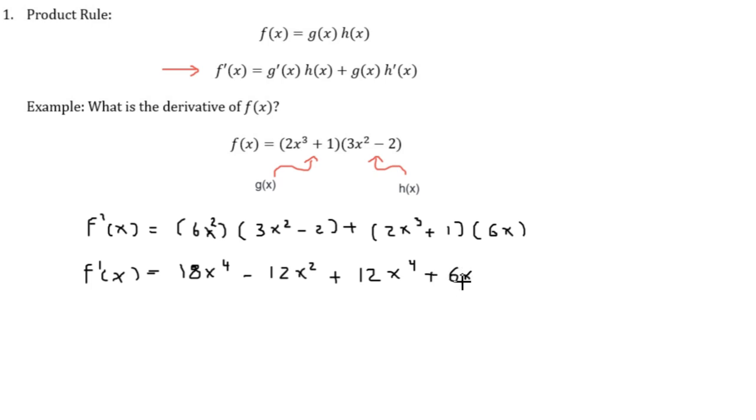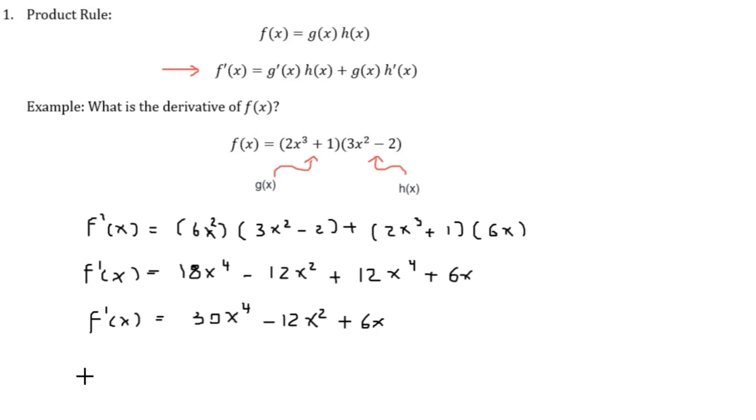We can combine like terms right now, and we have 30x to the fourth power minus 12x squared plus 6x.